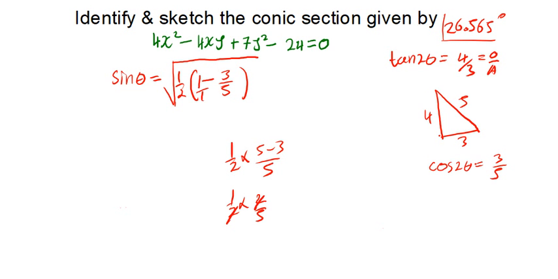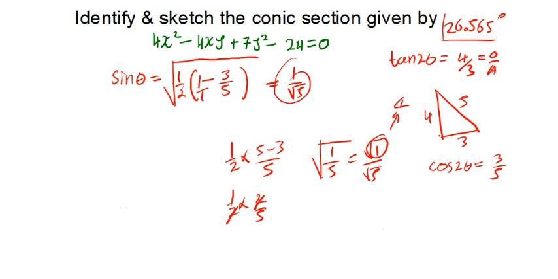That can cancel, and your sine is equal to 1 over the square root of 5, because the square root of 1 divided by the square root of 5 gives you a 1 on top. That's why I've written it like that.